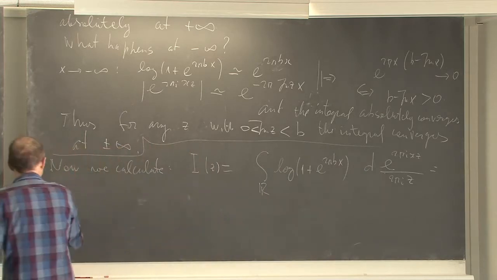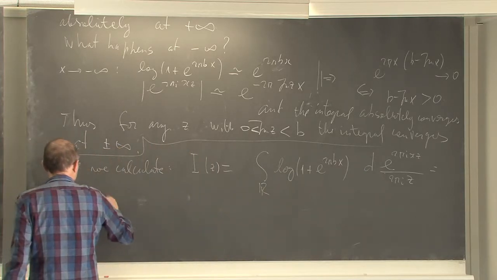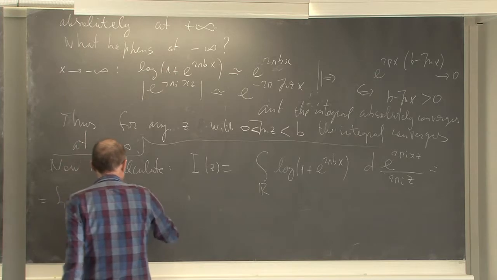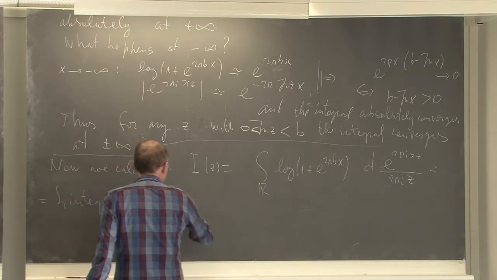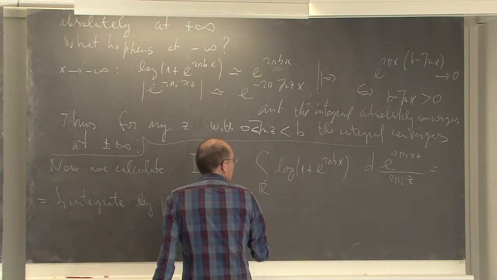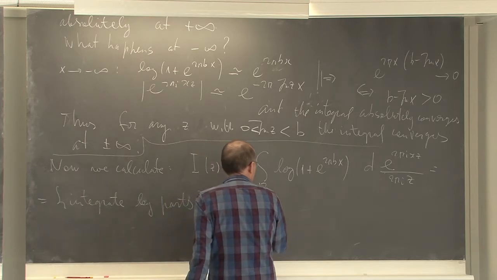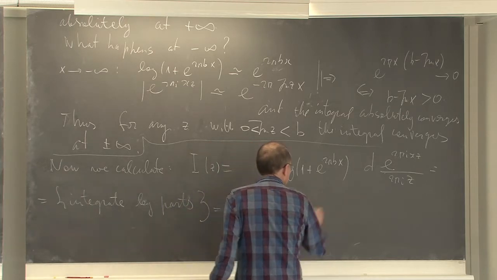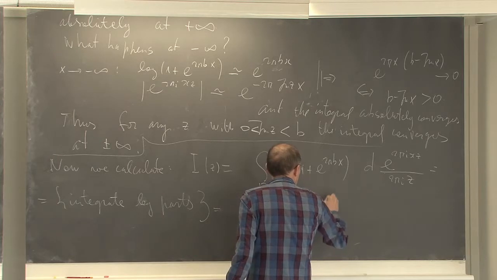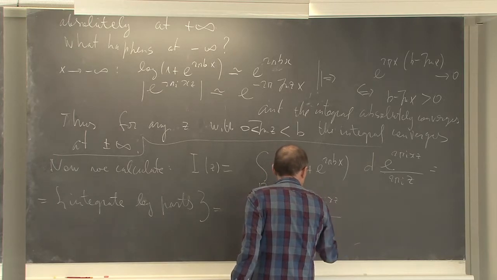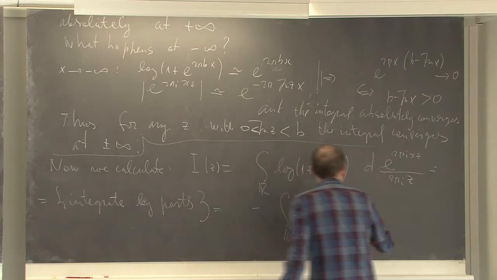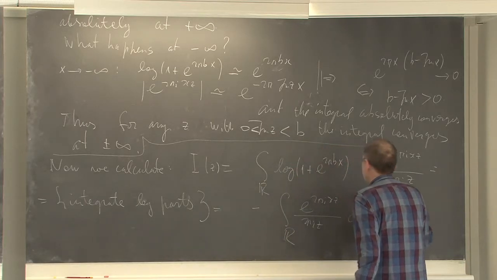Integrate by parts. We get the minus integral. We keep this e^{2 pi i x z} over 2 pi i z, differential applied to log.